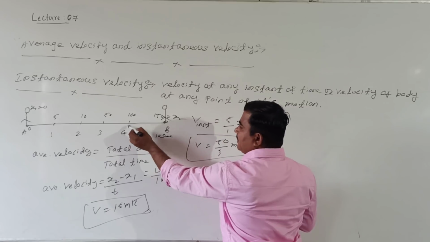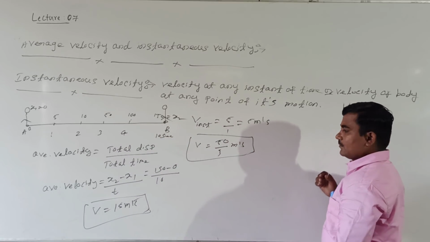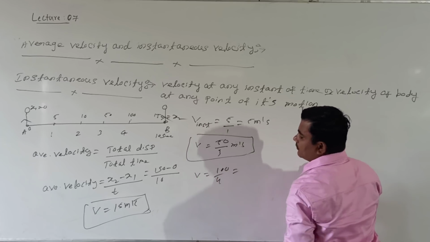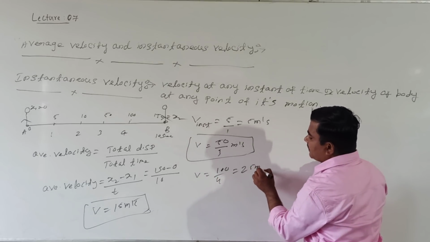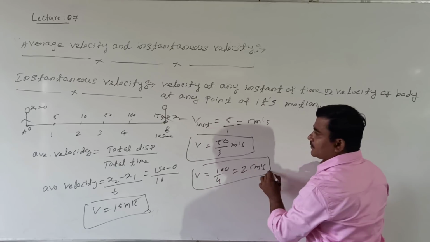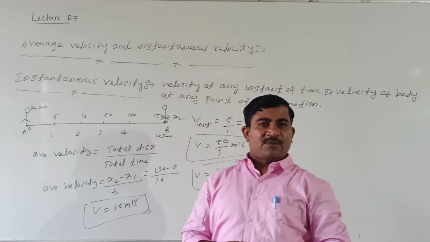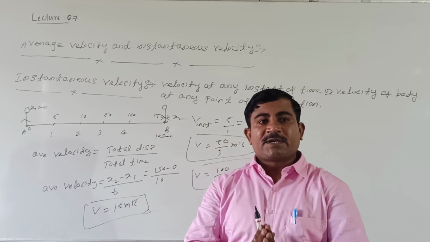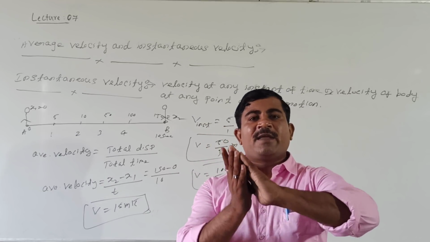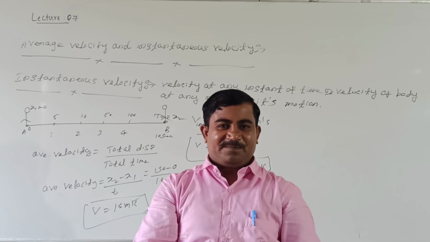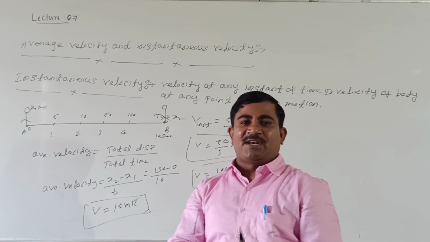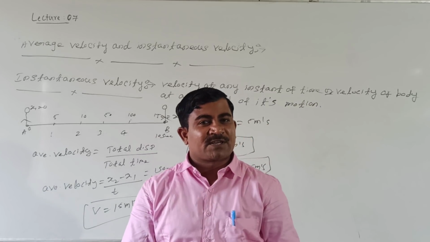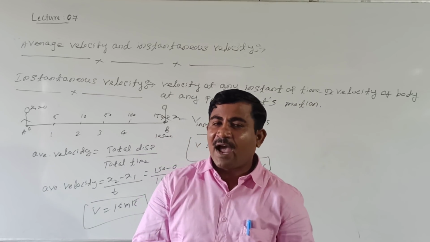At this point, how much? 100 divided by 4, 25 meter per second. What is instantaneous velocity? It is the velocity of the body at any point of its motion. Simply, you can take this example for how to find instantaneous velocity and average velocity.